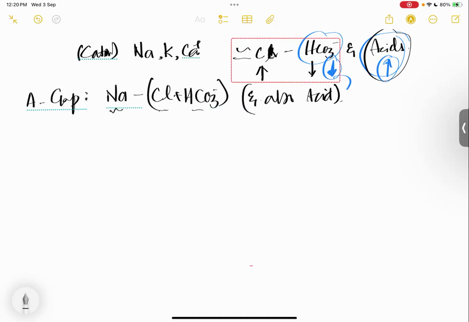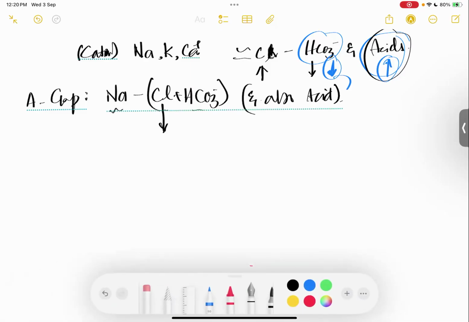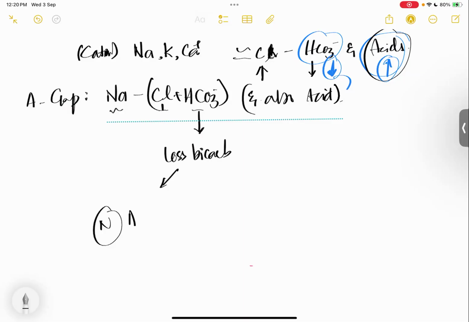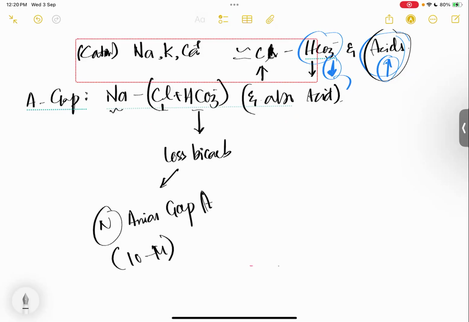So whenever we have loss of bicarb, we call it normal anion gap acidosis, okay? Normal is 10 to 14. Getting this?